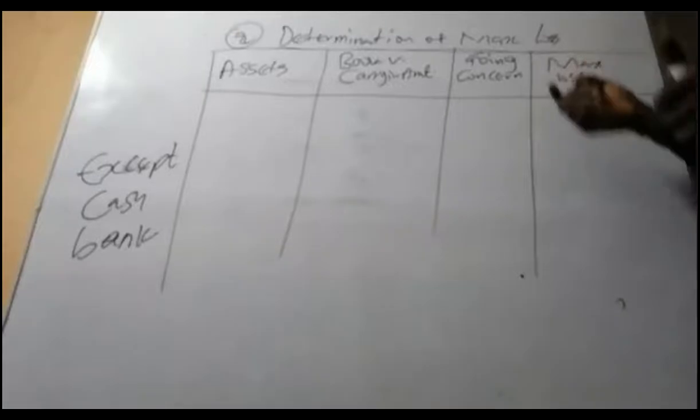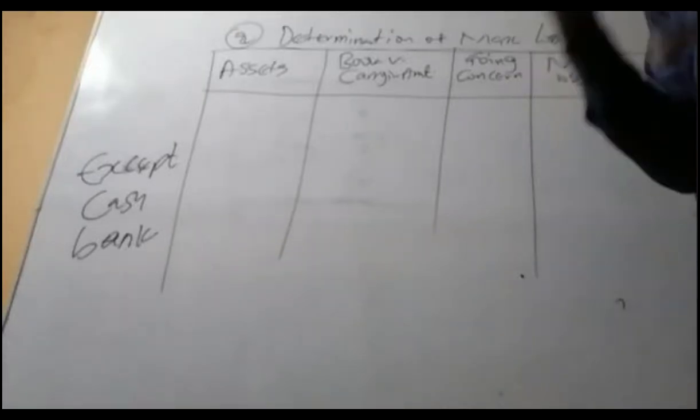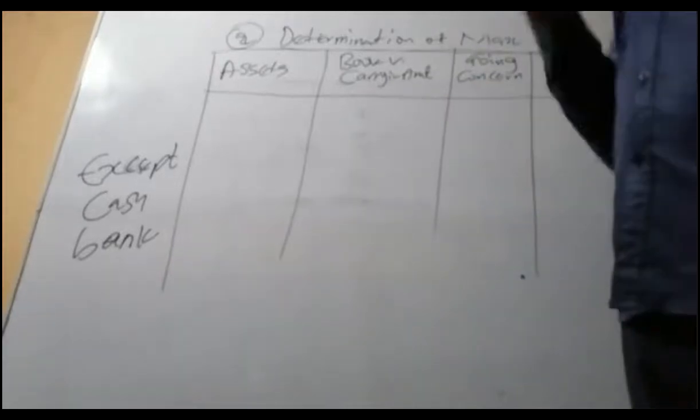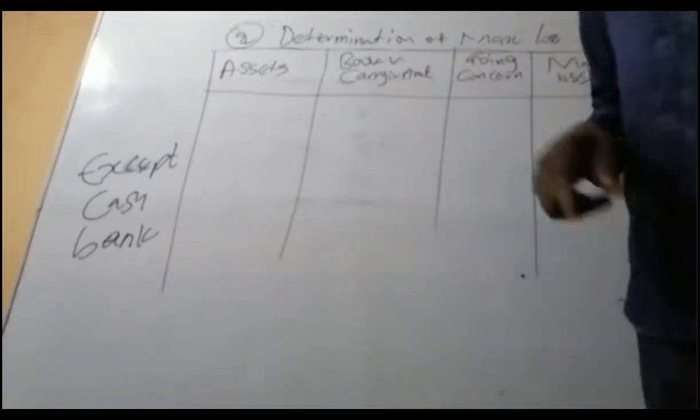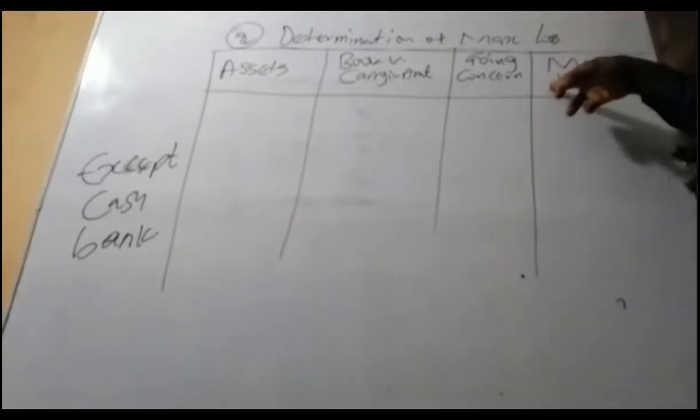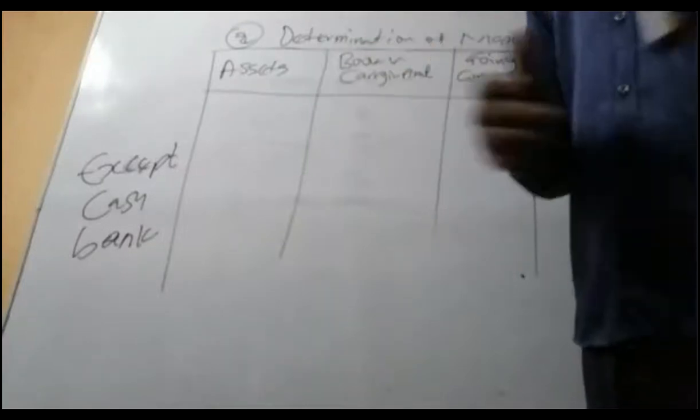Why? Because if you are reconstructing your business and you have 1,000 Ghana there, would they say that 1,000 Ghana must be reduced to 800? No. So there's no loss coming from cash and bank balances. You are not losing anything, so except those two items.